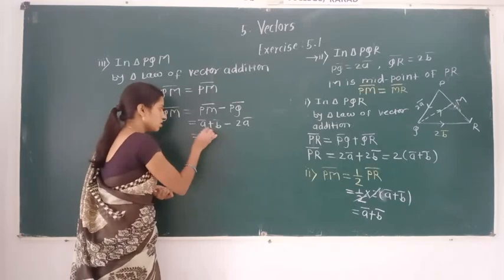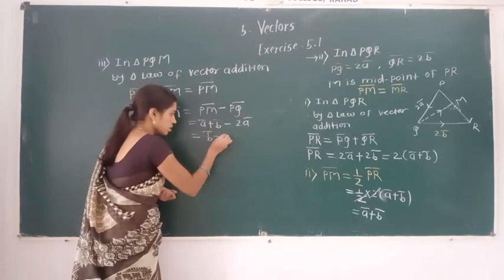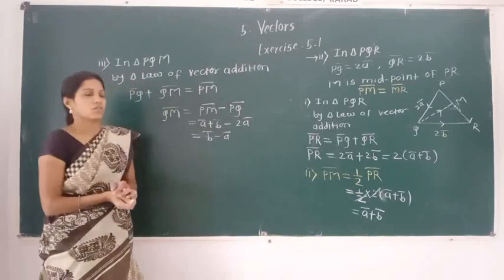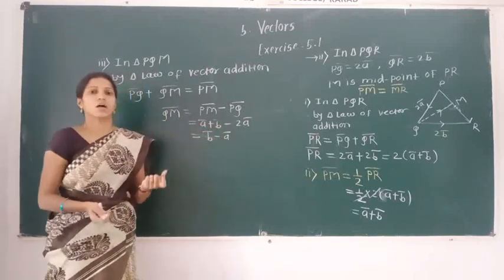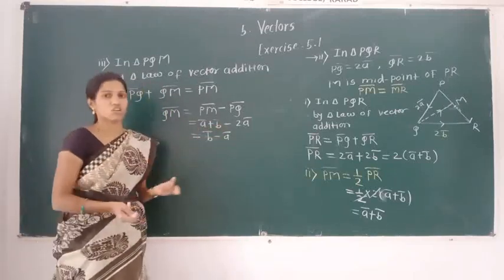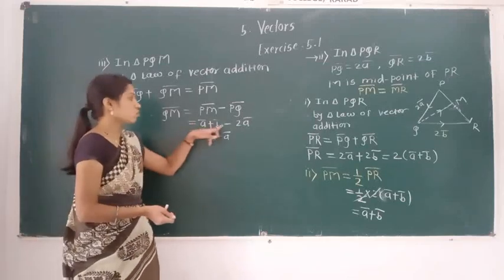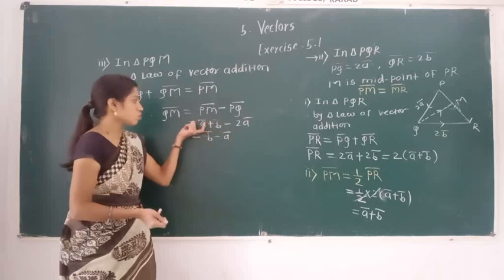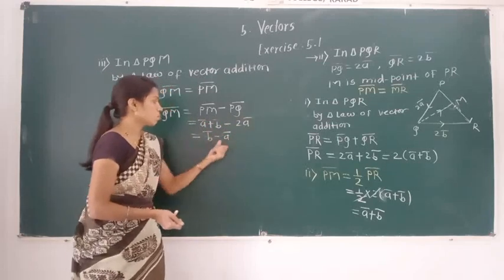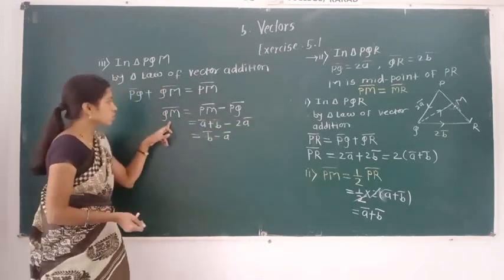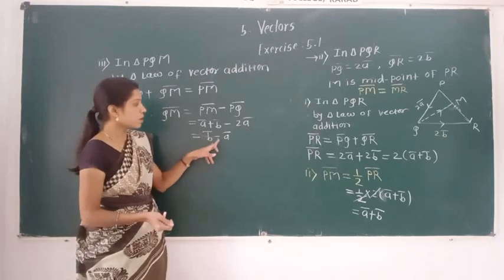We get a bar minus 2a bar, which is minus a bar, and take b bar as it is. While subtracting vectors, we take the subtraction of the coefficients of a bar. Here a bar minus 2a bar gives minus a bar. Means the value of QM bar is b bar minus a bar.